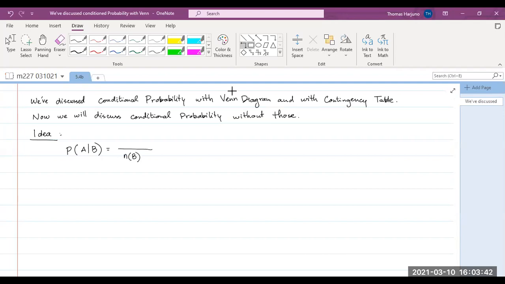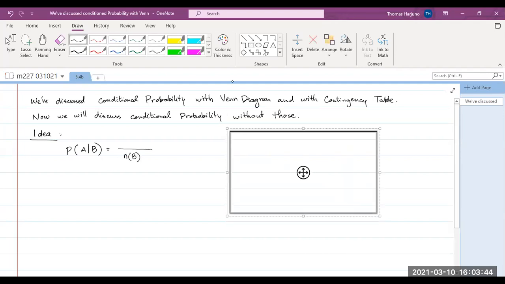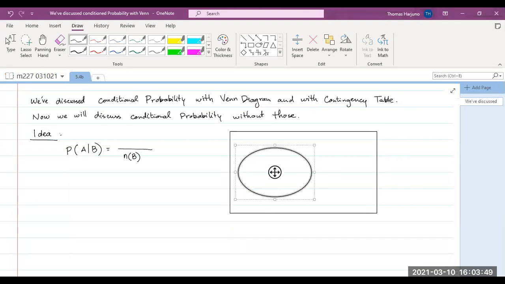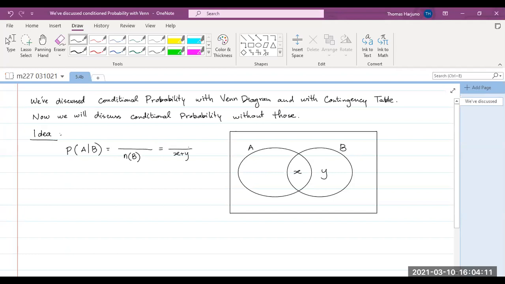So let's say we have this Venn diagram here, and then we have set A and set B. This is A, this is B. Now, because the condition is on B, let's say this is X, this is Y. Then the number of elements in B will be X plus Y. Is it right? The number of elements in B is X plus Y.